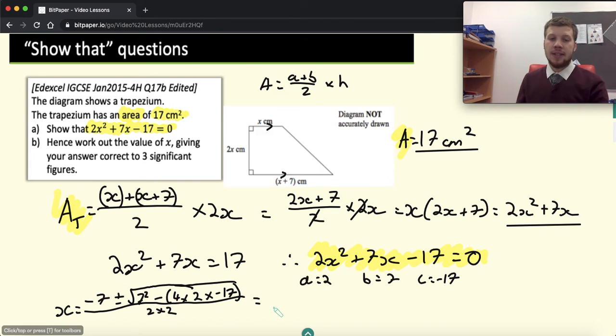I'm going to put that into my calculator now. I'm going to do it twice because I've got 2 answers. I've got it where I add it on, and I've got it where I take away.